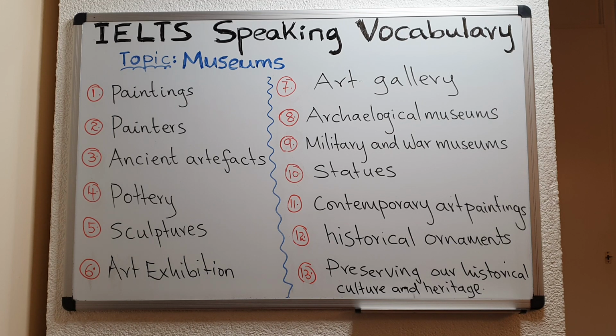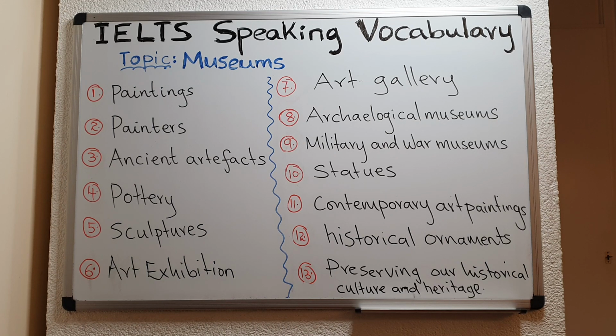Now, this brings me to the last section of this lesson, where I'm going to read for you the words so that you know how to pronounce them. Are you ready? Let's begin. Number 1, paintings. Number 2, painters. Number 3, ancient artifacts. Number 4, pottery. Number 5, sculptures.